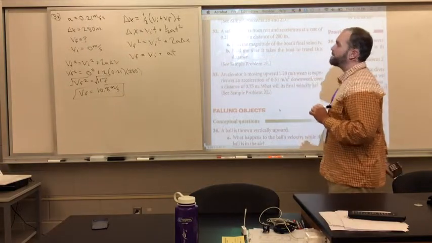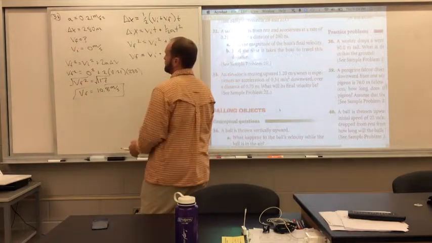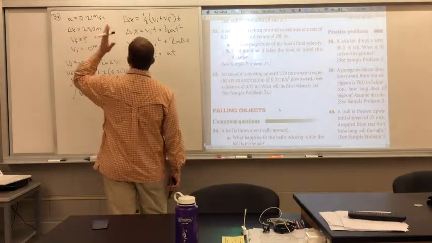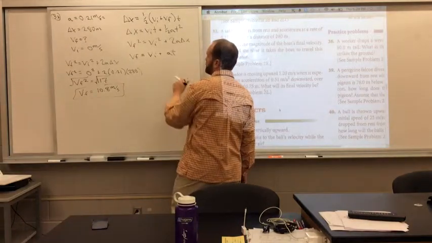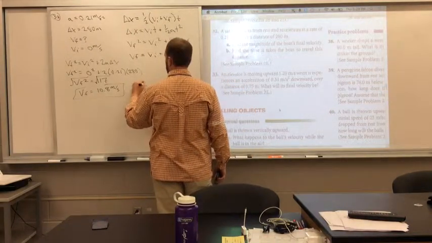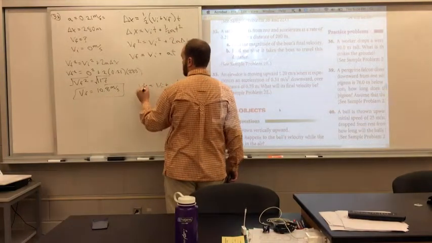And it says find the time it takes to travel this distance. Well, I've got 1, 2, 3, 4 givens now. And use basically anything that has time in it. I'll use this one because it's pretty simple. Vf equals Vi plus a times t.